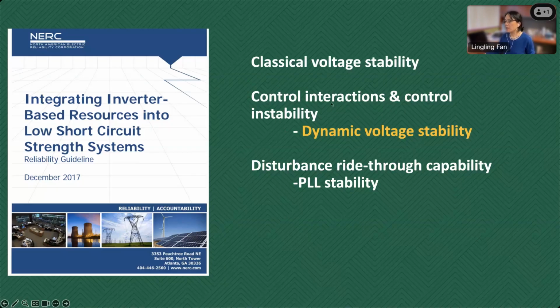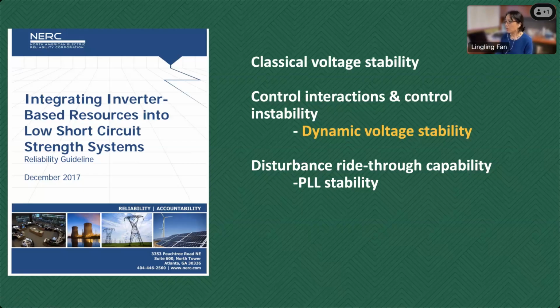Later on, I checked, and these two are actually very similar. They are all related to voltage stability, but I called the second one, using a different color, dynamic voltage stability. And the third one is the PLL-related stability called disturbance ride-through capability. Although there are no real-world events, we'll put one and show it today.